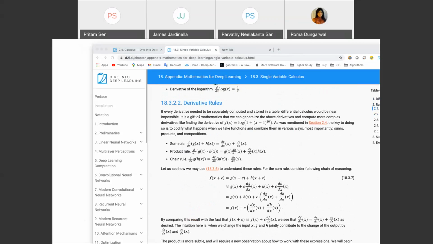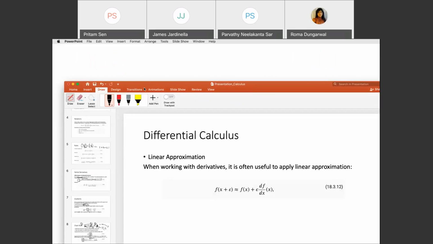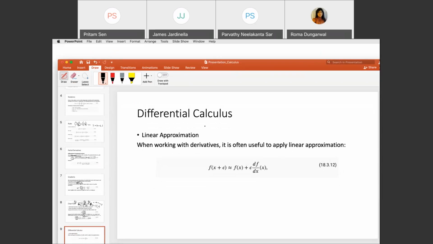This is linear approximation. I will show the slide again. Okay. There is one rule called linear approximation. In the web page, the proofs are shown, but I will skip the proofs and show mainly the formula, mainly the concept. If I add a small value to x, then we can approximate it like this.